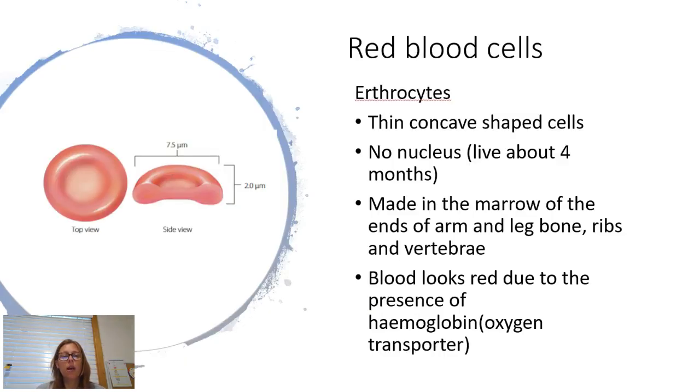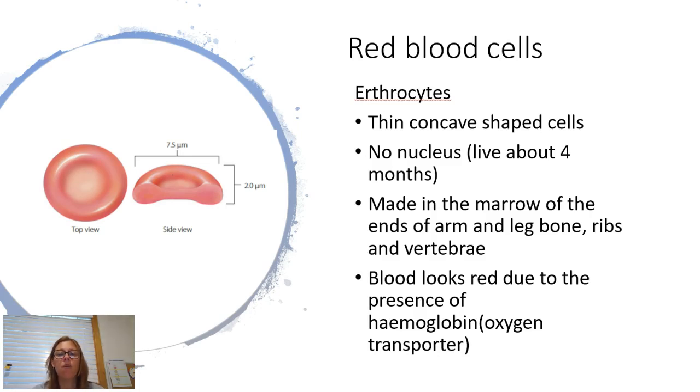So if we look at our red blood cells, another name for those is erythrocytes, and we've seen red blood cells already. They're a thin concave kind of shaped cell with no nucleus. So because they've got no nucleus, they can't divide or reproduce. So they live about 4 months. And they're made in the marrow, in the ends of our long bones.